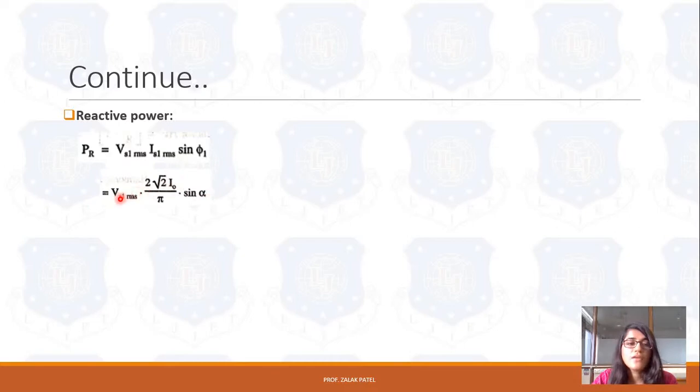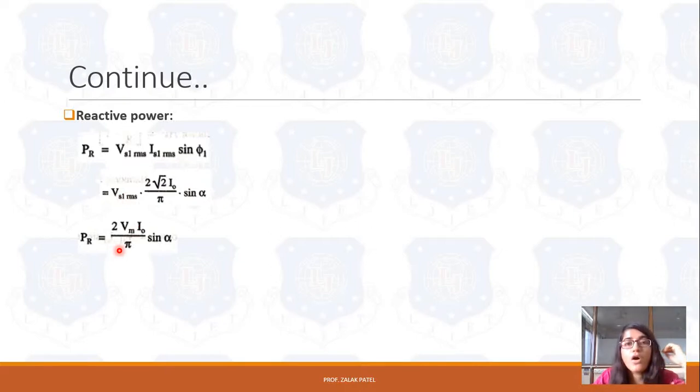We have the values, so it can be written like 2 Vm I0 upon pi into sine alpha. Here once again this RMS supply voltage value will be Vm upon root 2 and root 2 will be cancelled out. That's why over here 2 Vm I0 upon pi sine alpha. So this is the reactive power value.